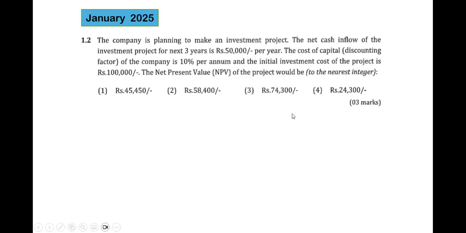Then this one. The company is planning to make an investment project. The net cash flow of the investment project is 50,000 per year for 3 years. The cost of capital, the discount factor of the company, is 10% per annum, and the initial investment cost of the project is 100,000.